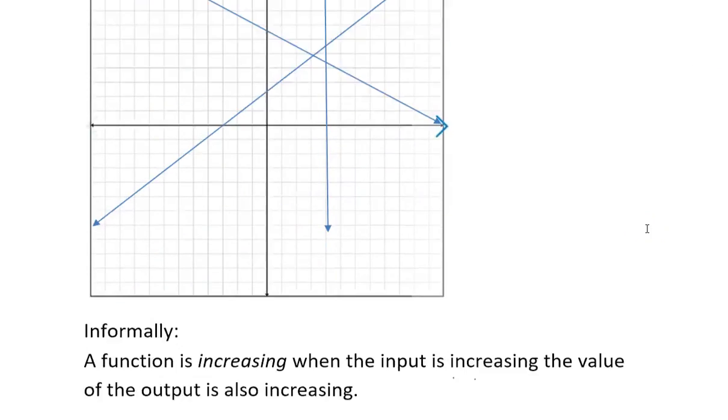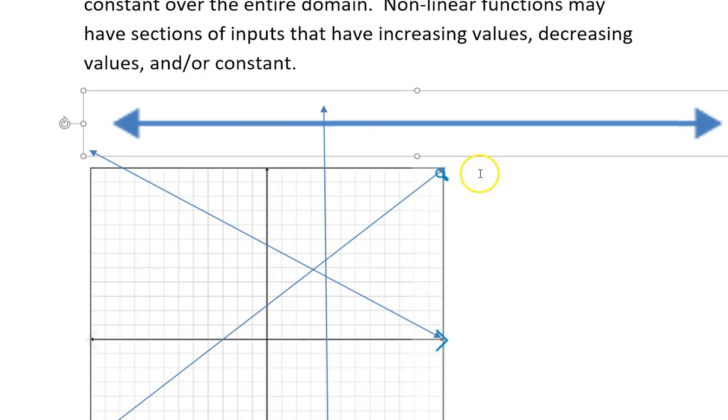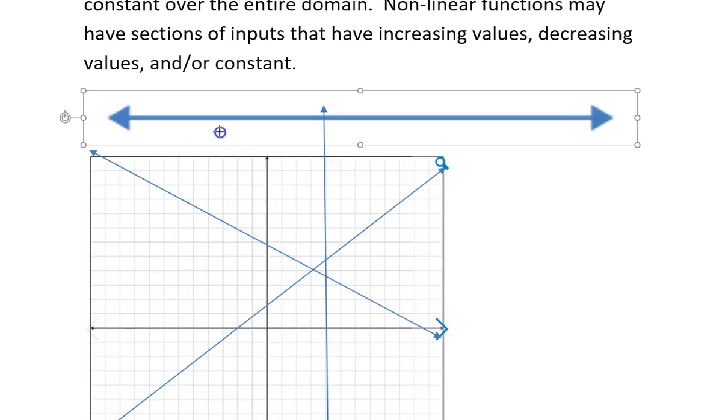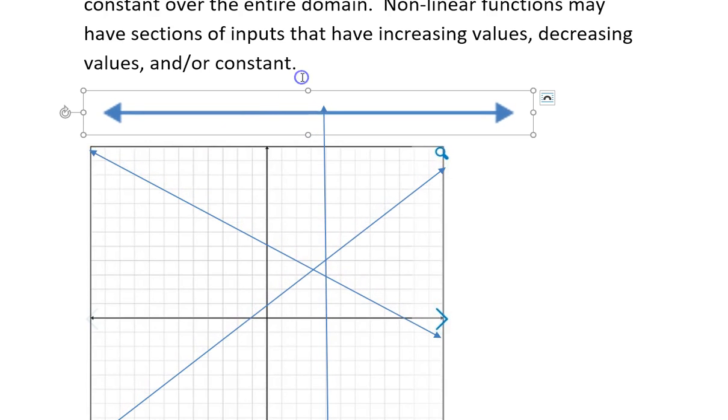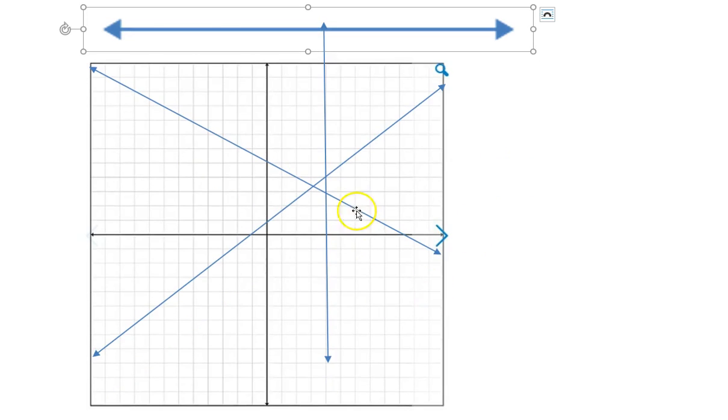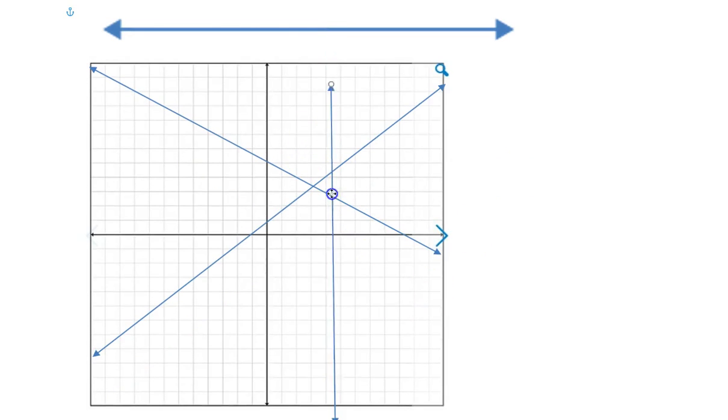Okay, it's going to just go straight across. I am not going to spend a whole lot more time trying to adjust that, but you can kind of get the idea. All right, so you've got a horizontal. You've got a vertical. You've got an increasing, and you have a decreasing.